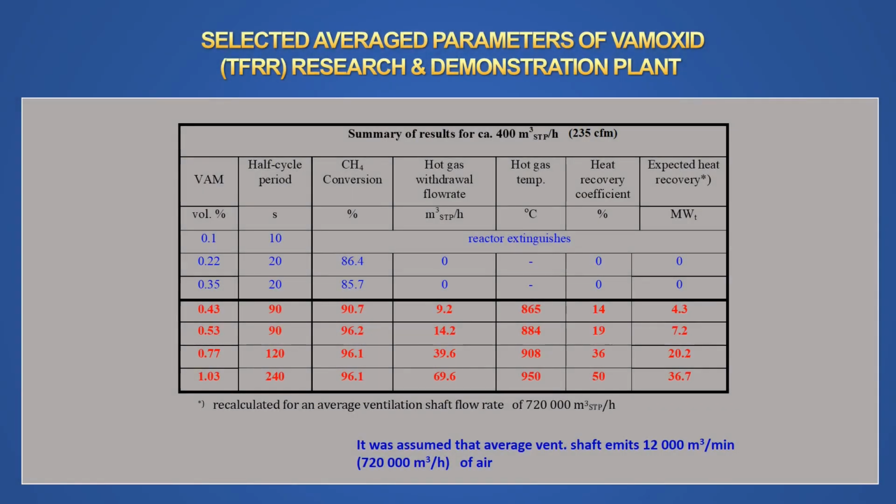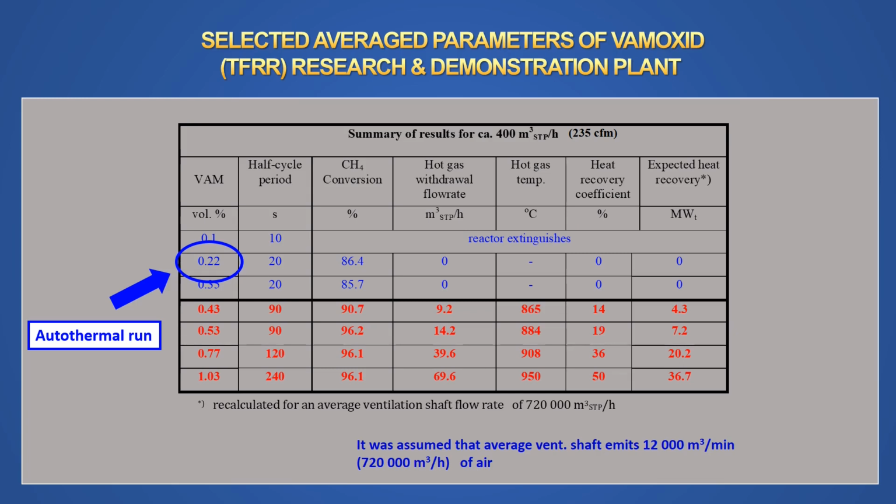The selected average parameters of VAMOXID presented in the table show that the installation can work autothermally for very low concentrations with quite good conversion. Moreover, a reasonable heat recovery is already possible for a methane concentration of 0.4 volumetric % or higher, which bodes well for future industrial installations.